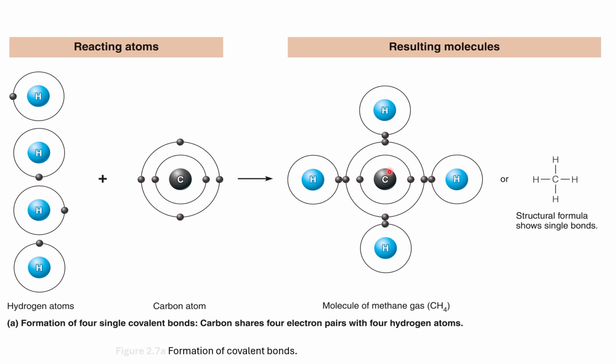So what ends up happening is the structural formula is CH4. And so what happens is one of these hydrogens comes over here, and it's going to share its 1 electron with this 1 electron that carbon had already there.